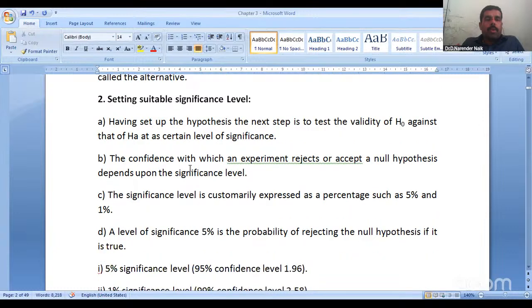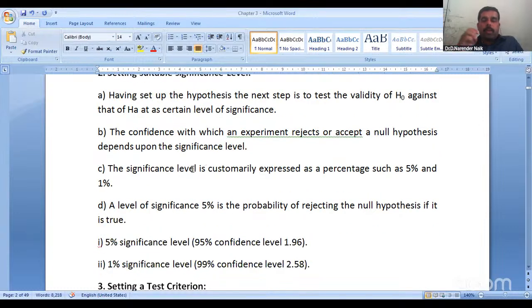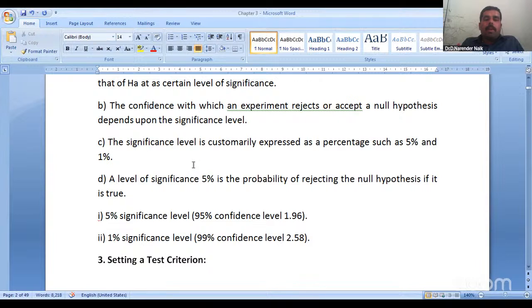The confidence with which an experiment rejects or accepts a null hypothesis depends upon the significance level. The significance level is customarily expressed as a percentage such as 5% and 1%. Okay, 5% and 1%.